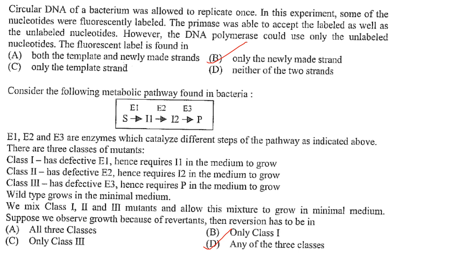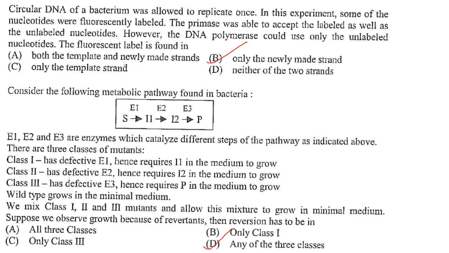Okay. We mix class 1, class 2, class 3 mutants and allow this mixture to grow in minimal medium. Suppose we observe growth because of reversion. So some of them have reverted to the wild type. Then the reversion has to be in... Now suppose class 1 got reverted, then there will be gain of function of E1 and they can grow in minimal medium.